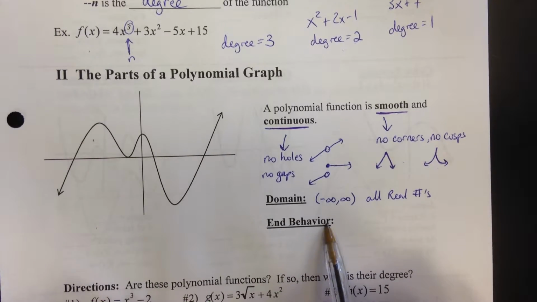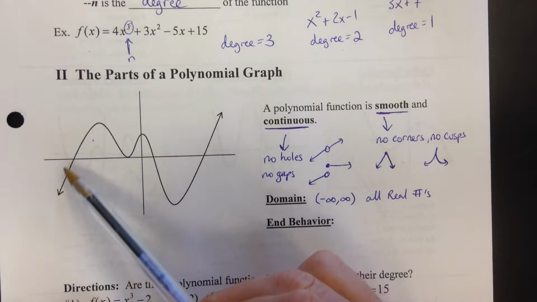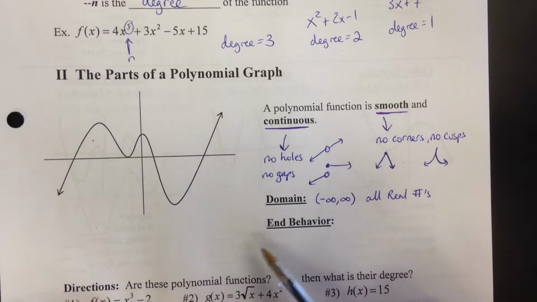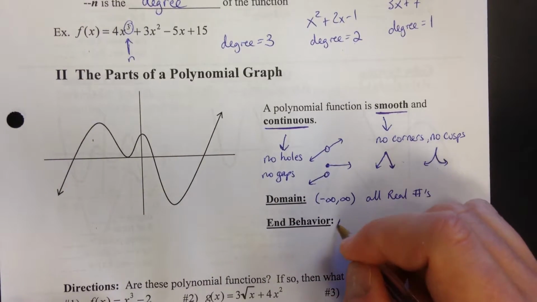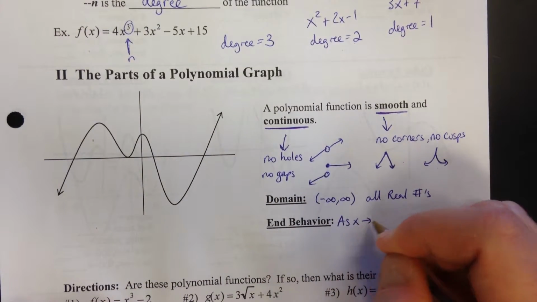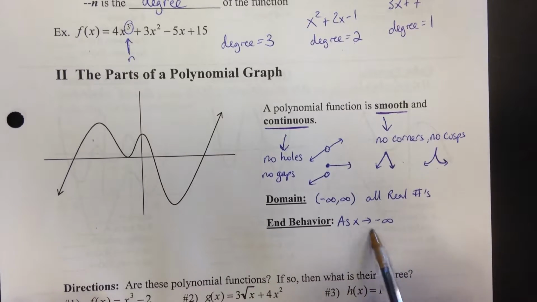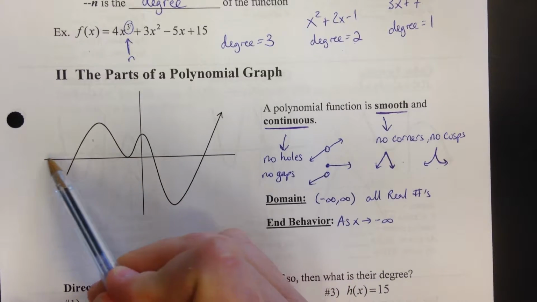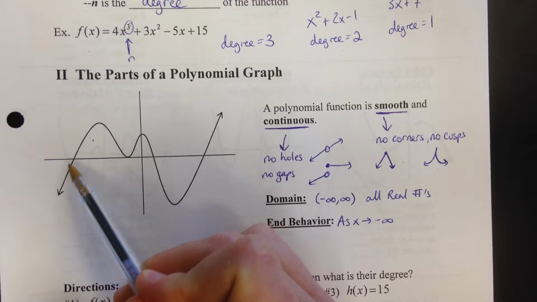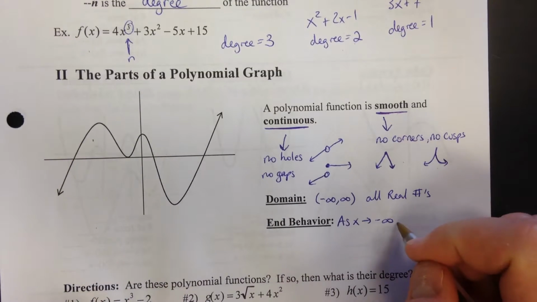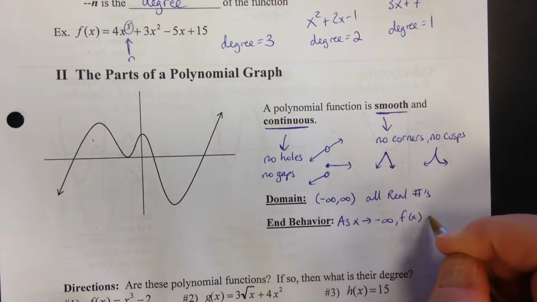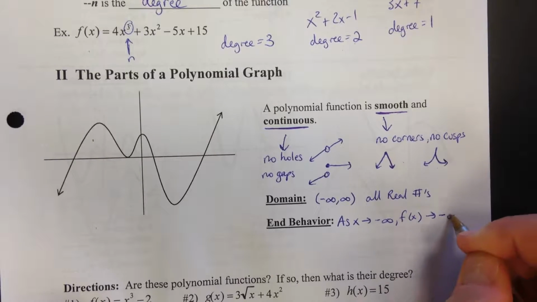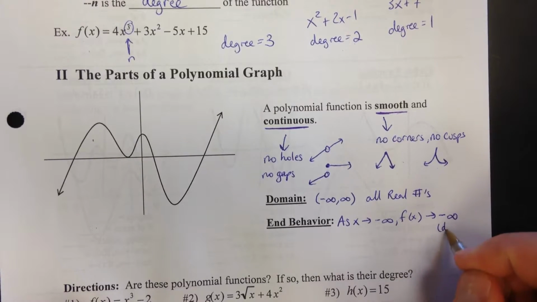Now the end behavior depends on the direction, up or down, that the function's pointing. In this case, as x approaches negative infinity, so as your x's go to the left, notice that the function itself is going down. So f of x approaches negative infinity. It's going down.